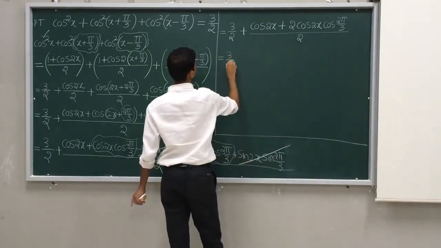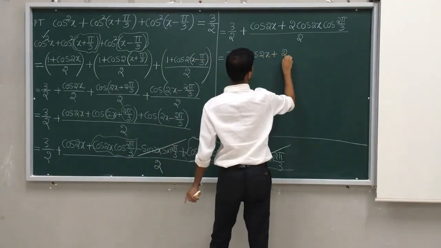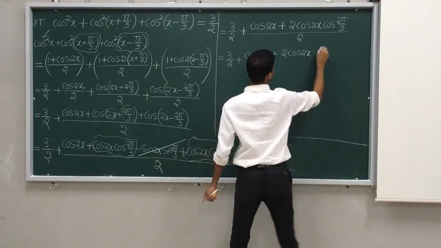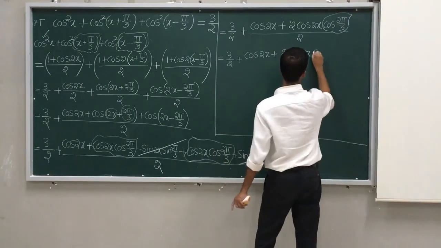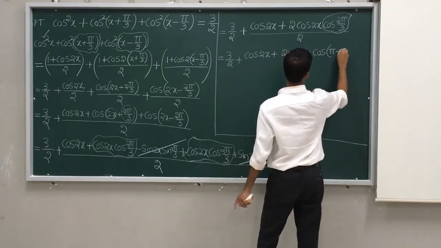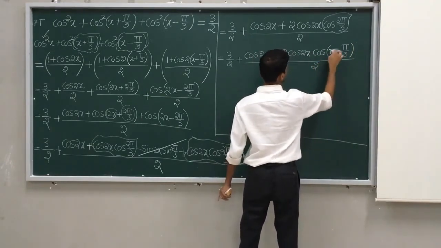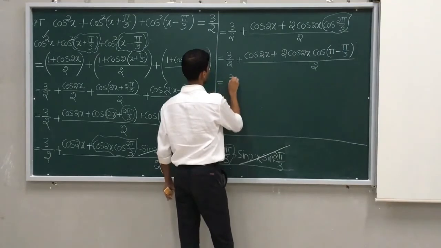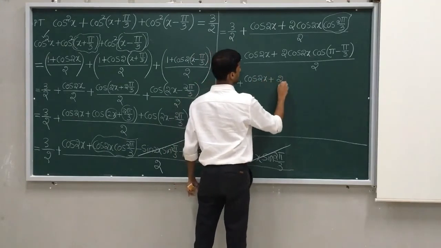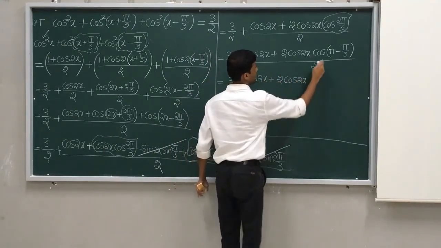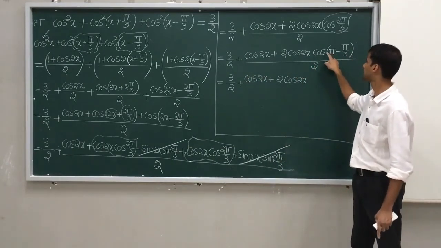Now 3 by 2 plus cos 2x plus 2 times cos 2x. I don't know the answer for cos 2 pi by 3, but I know cos 2 pi by 3 can be written as cos of pi minus pi by 3. Pi means 180, and 180 means 2 into 90. 2 is even, so the function will remain the function only.